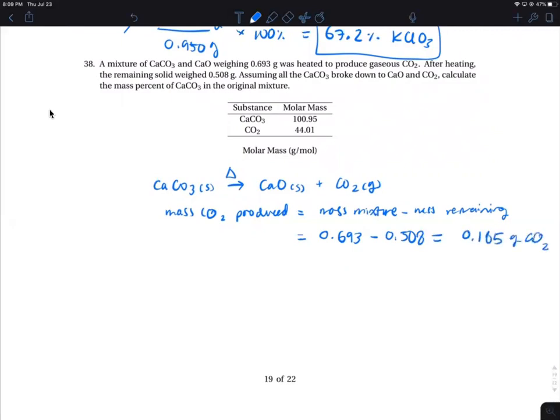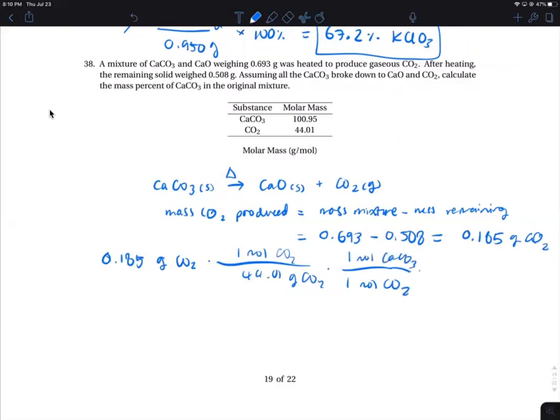And now we pretty much do the same exact thing we did earlier. So this is already balanced. It's 0.185 grams CO2. Convert to moles. And then convert moles CO2 to moles CaCO3. And then convert again to grams.